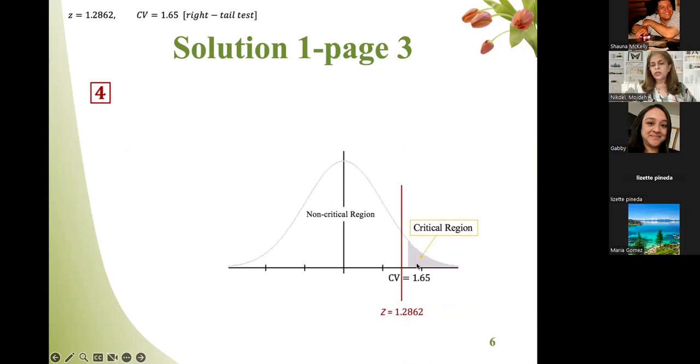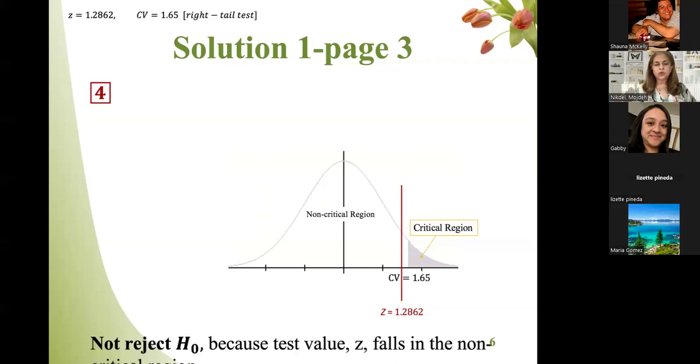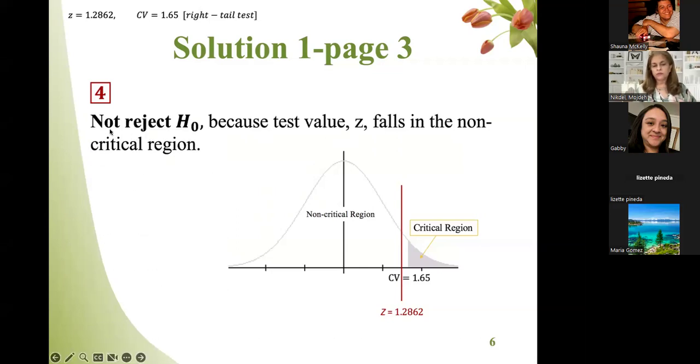Shade the right tail. The tail here is the critical region. Its complement is the non-critical region. Then I had a test value, 1.2862. It is smaller than the 1.65 critical value, so it's going to be on its left side. And I will see that my test value is falling in the non-critical region. So I'm not going to reject null. So do not reject null, because test value Z falls in the non-critical region.